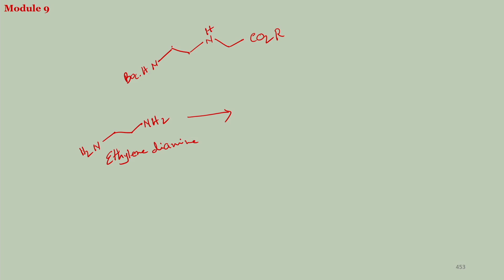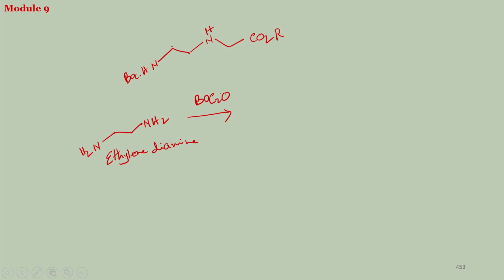So, what you have to do is make one of these NH2 react with this, and the other amine you have to protect by the BOC. So, first is the protection by the BOC.